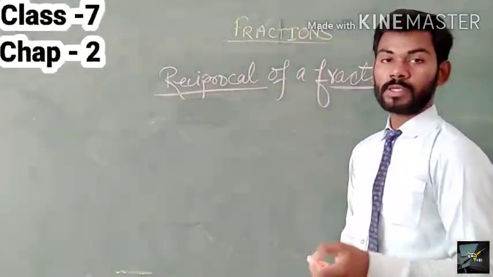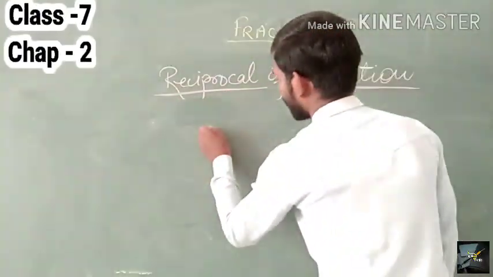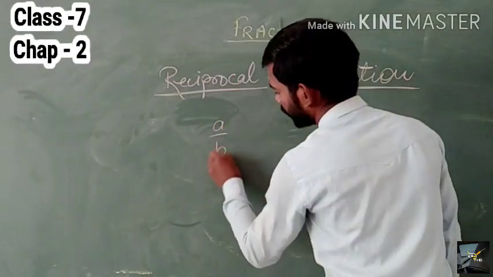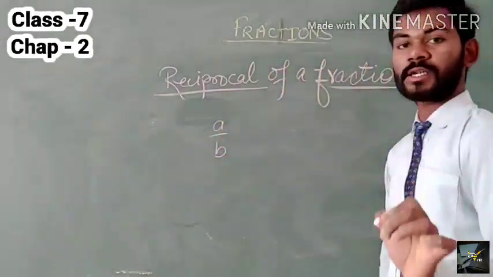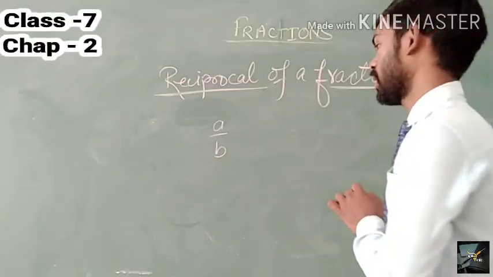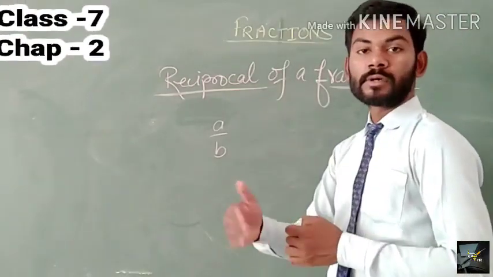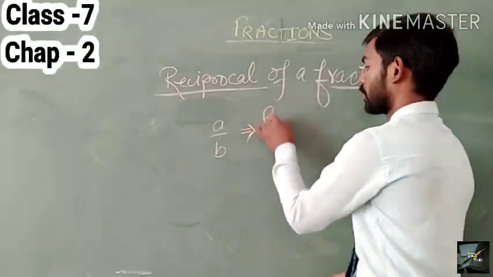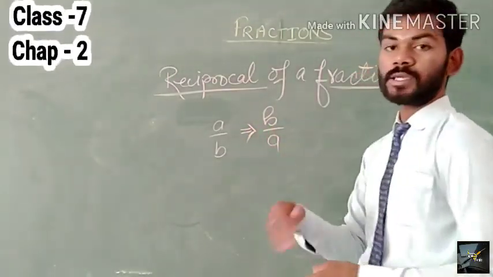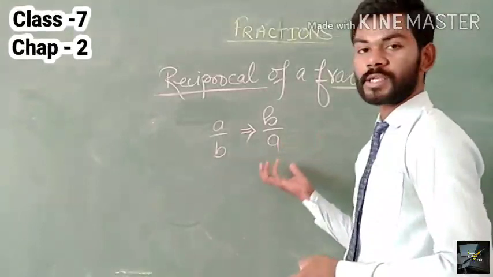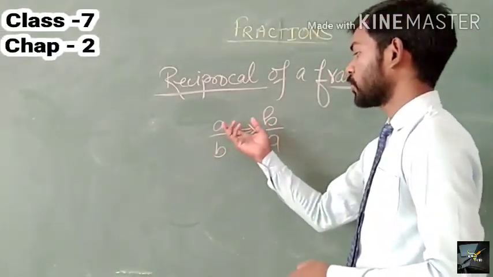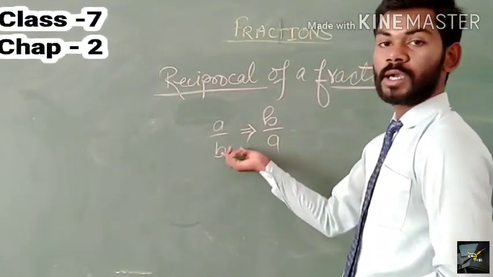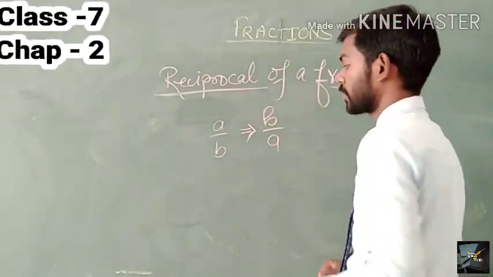The reciprocal means opposite. That is, suppose that A upon B is a given general fraction, and we have to write its reciprocal, then its reciprocal will be B upon A, that is the opposite. In reciprocal, the numerator becomes denominator and denominator becomes numerator.